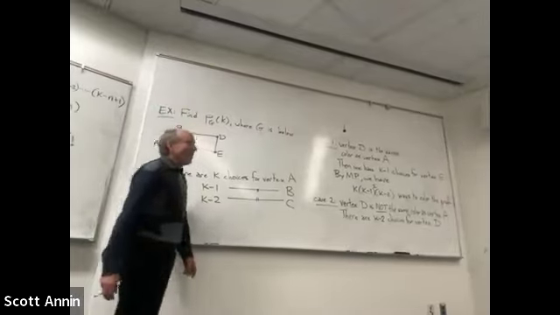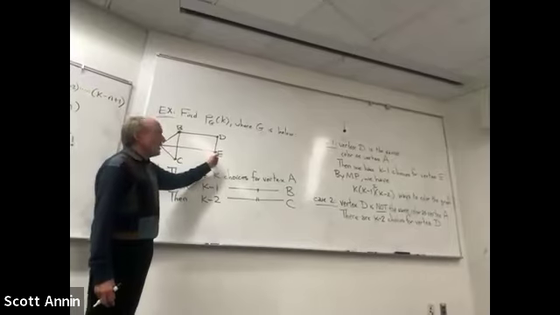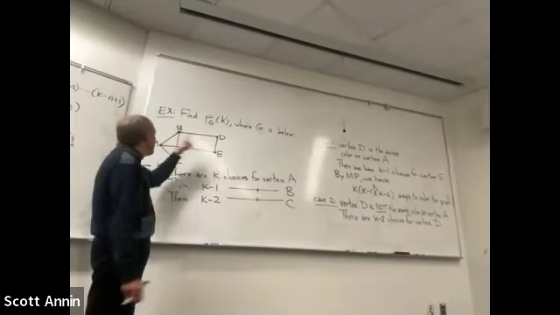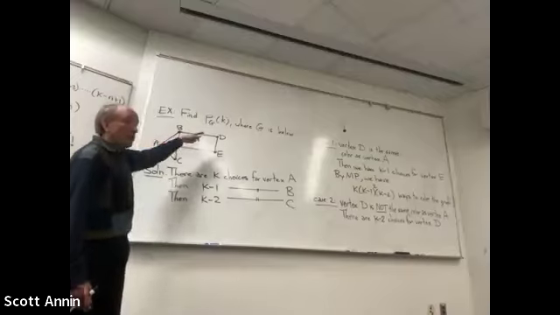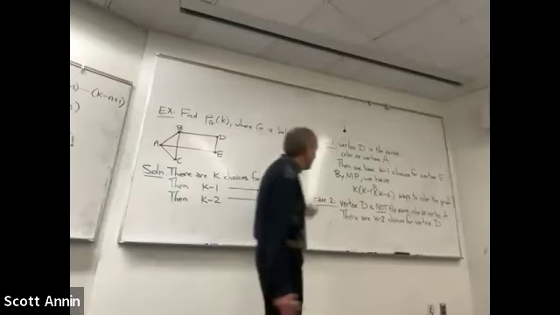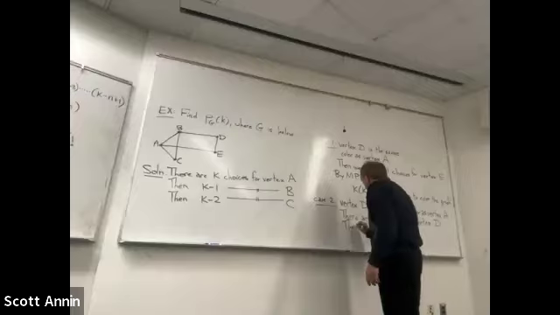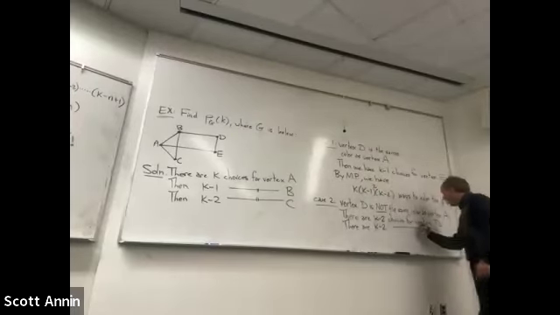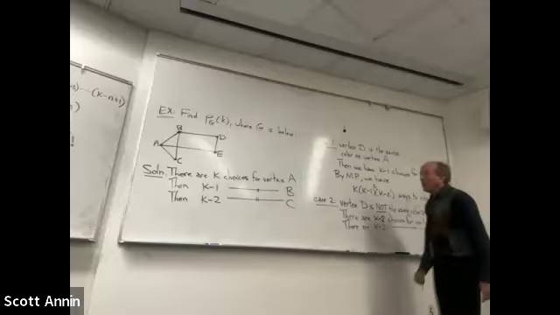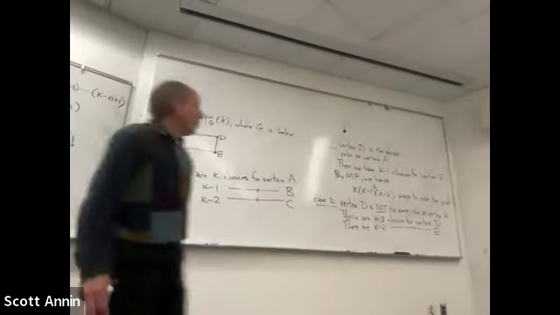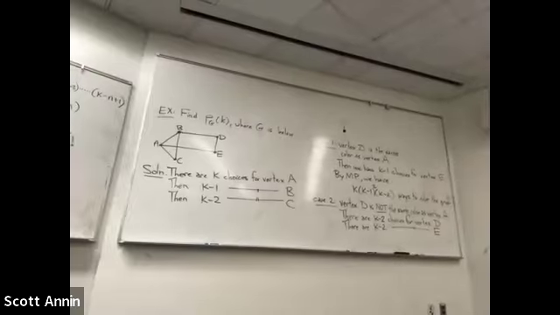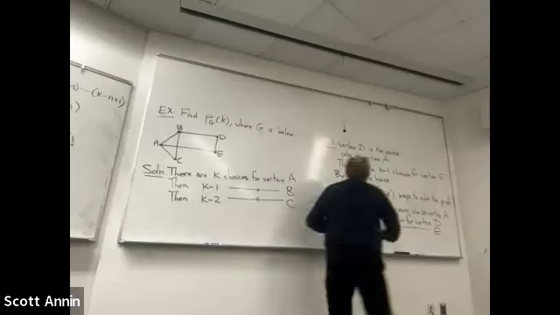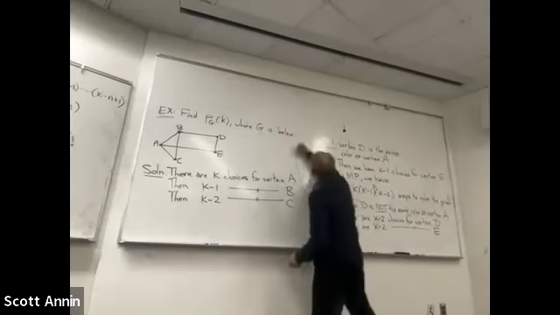And now vertex E has to be a different color than both D and A, which are different from each other. So that means there are also K minus 2 choices for vertex E. So that's going to also be a K minus 2. Let's just go way up to the top.